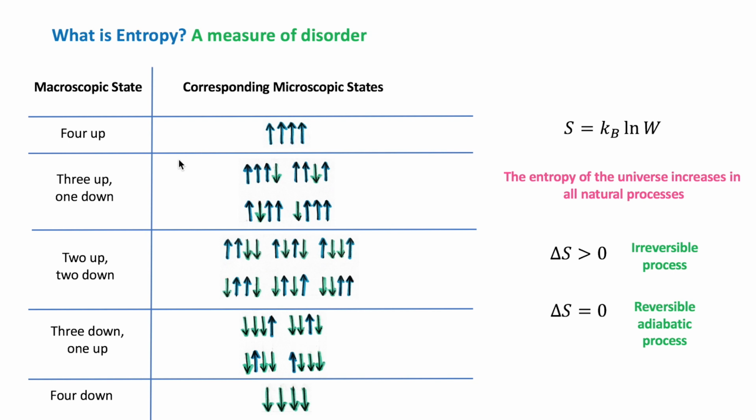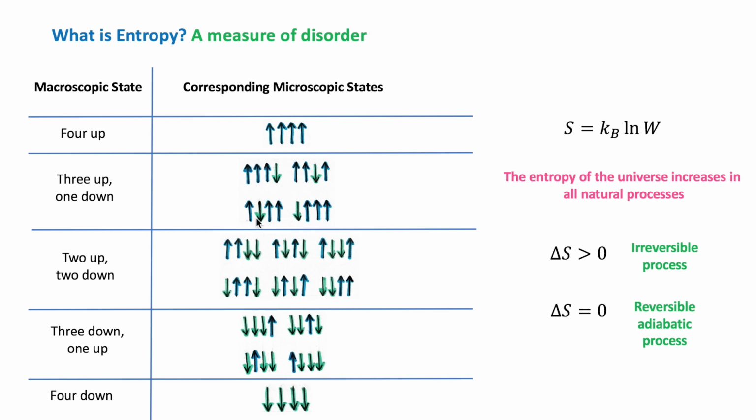And a macrostate with 3 arrows pointing up and 1 down has 4 possible microstates. You see 1, 2, 3, 4. So each microstate corresponds to the same macrostate, but you can see there are 4 possible microstates because the downward arrow can be in different positions.